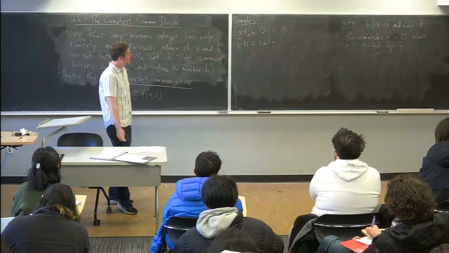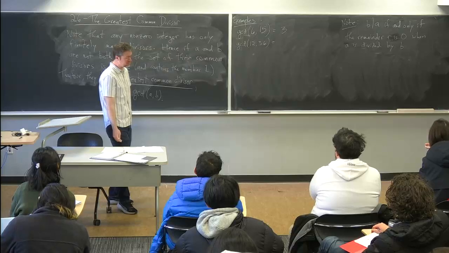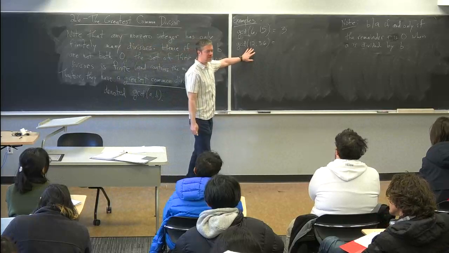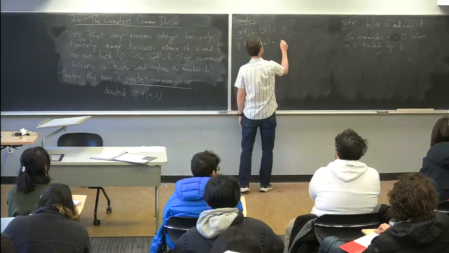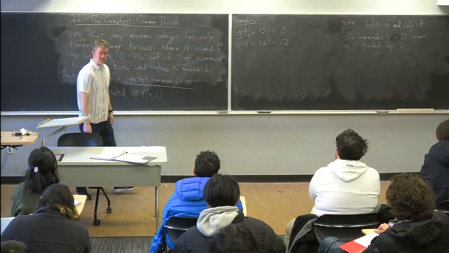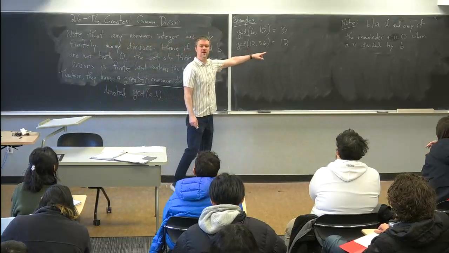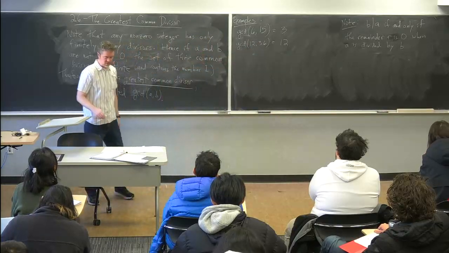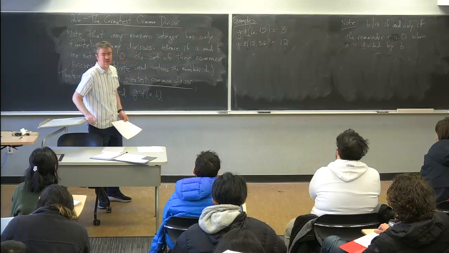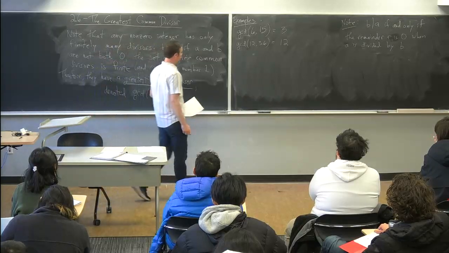So 12 divides 36 and 12 divides 12, so 12 is the largest divisor of 12, so it's going to be the largest common divisor. You can kind of see what happens in such an example. If one number divides the other, then the GCD will be the divisor one. Okay, that makes sense?